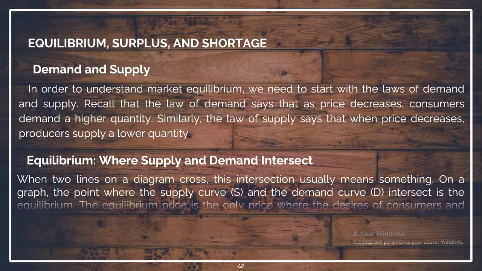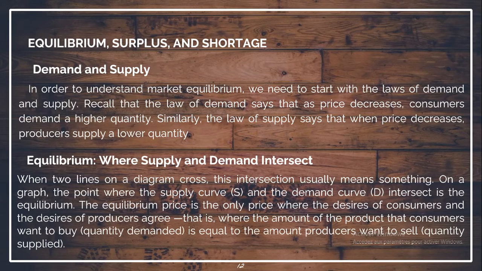Equilibrium is where supply and demand intersect or meet, when two lines on a diagram cross. This intersection usually means something. On a graph, the point where the supply curve S and the demand curve D intersect is the equilibrium point.